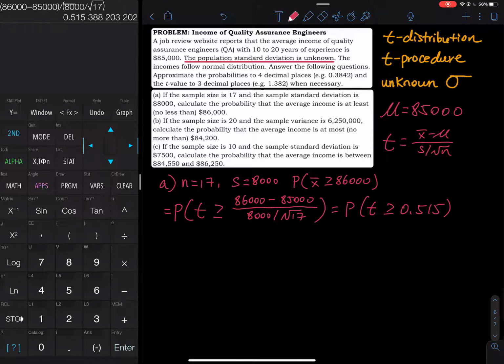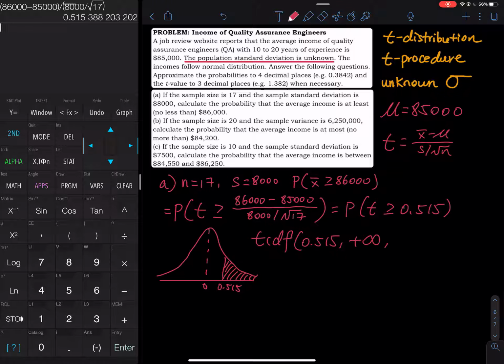I keep 3 decimal places, and then you draw a little picture and a t-curve. The 0 is right in the middle, and we have 0.515 greater than or equal to, so this is a t-CDF from 0.515 to positive infinity, and the degree of freedom is 17 minus 1.